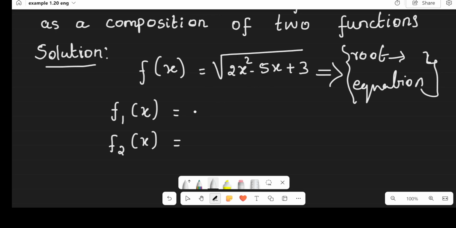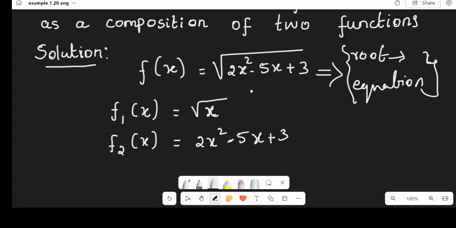So I'm taking root of, here we have given x, right? So I'm taking x. This is a root function, and next is an equation or expression. That is also a type of function. So I'm taking 2x square minus 5x plus 3.